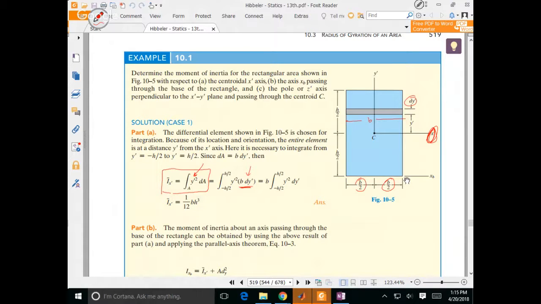That's all you get right there. The B can just be extracted out, and of course, you're going from here to here. You're integrating over the whole box. If you carry this out, you'll get the 1/12 base times height to the third. That is the one equation that by the time you get done with mechanics and materials, you'll probably remember it because it's used over and over.